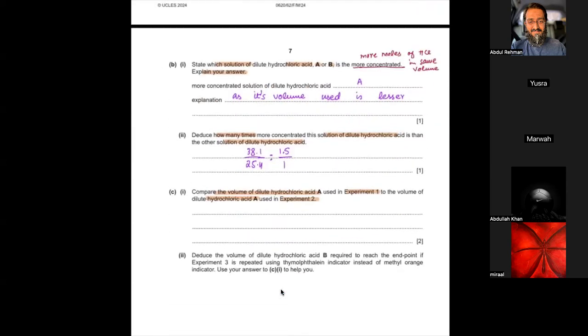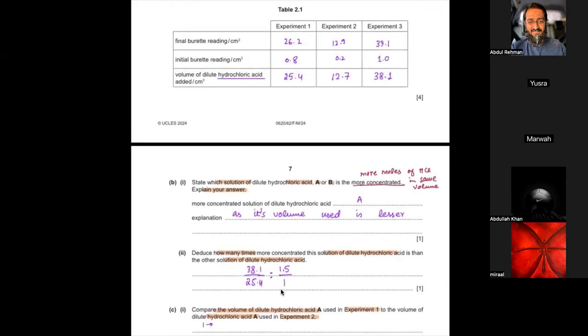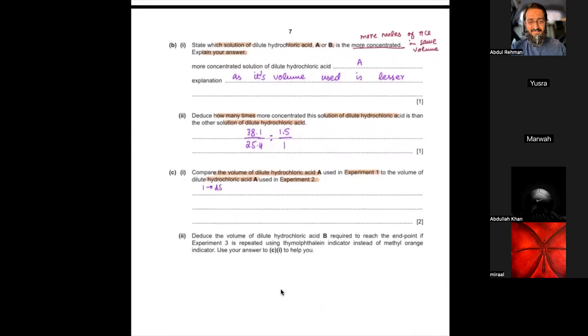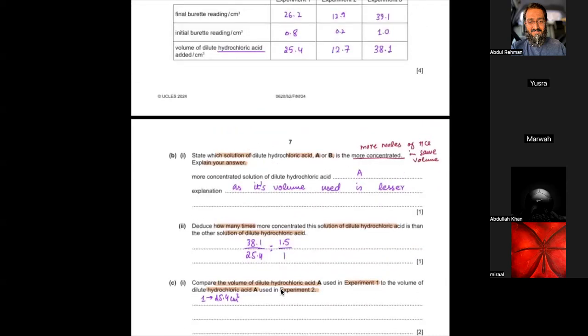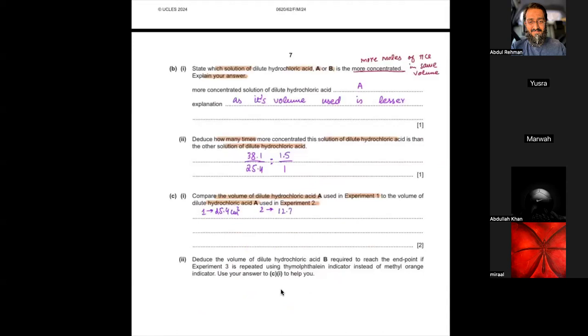In experiment 1, the dilute hydrochloric acid used was 24.4 centimeter cube, and in experiment 2 it is 12.7 centimeter cube. So now you divide these to identify how much more volume is used. It's 2. Right?